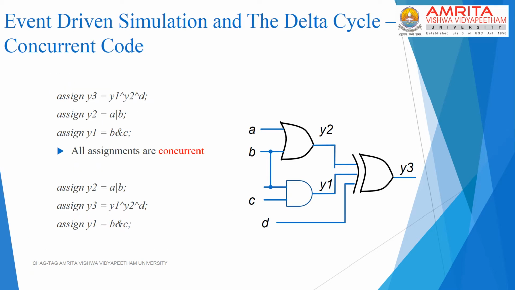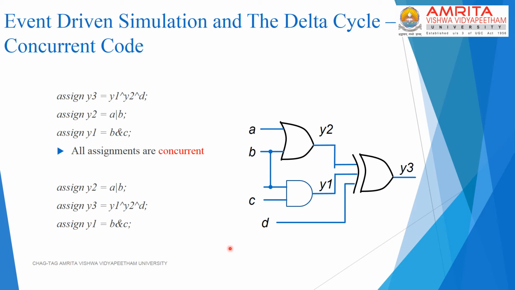To illustrate what exactly is meant by concurrency, I have shown two fragments of Verilog code which represent the same gate level circuit that is shown on the right. Now, the order in which the statements are written is different in the two code fragments. Nevertheless, they represent the same gate level circuit.